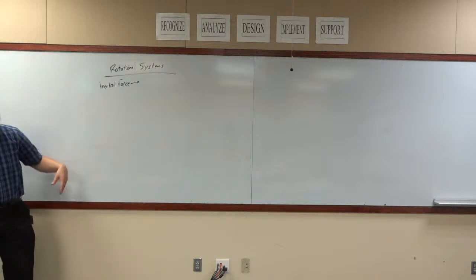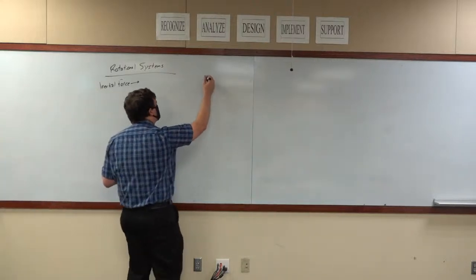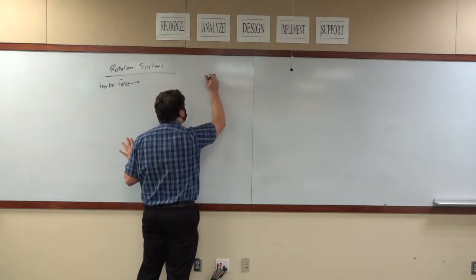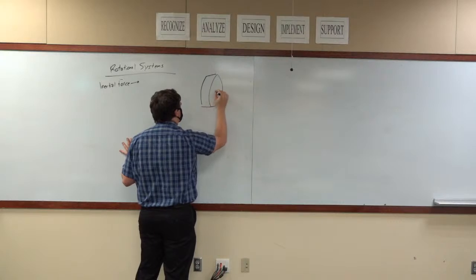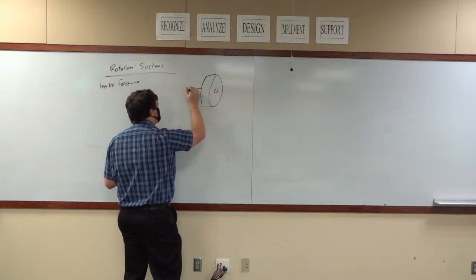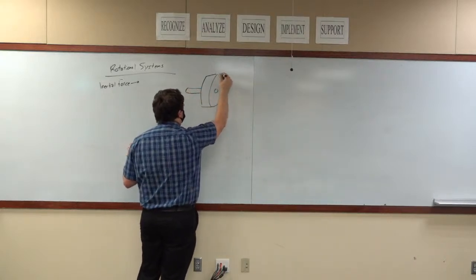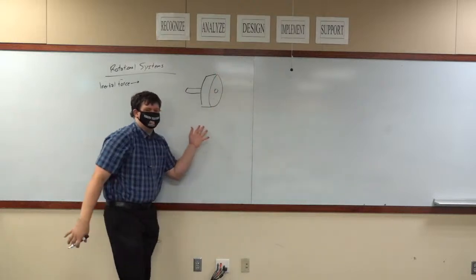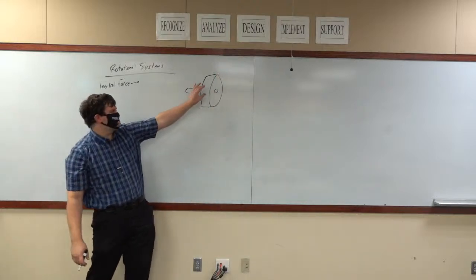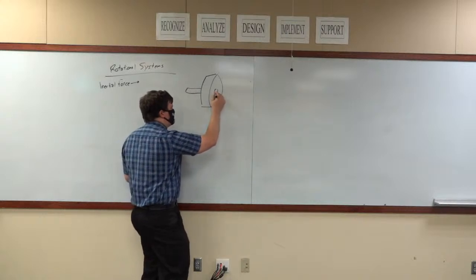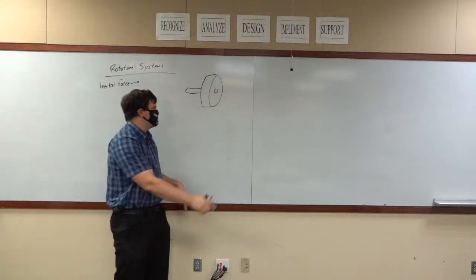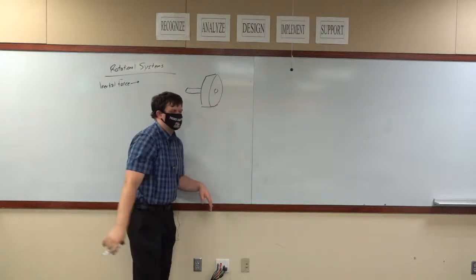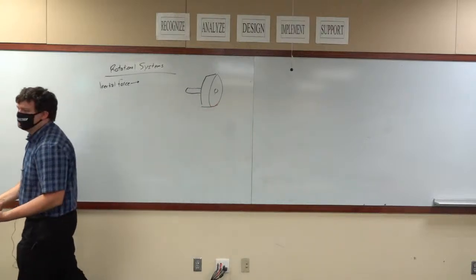In a rotational system, what we're dealing with here is some kind of wheel that's spinning. It has some mass, but if all the mass is centered around the center of the wheel, it's easier to spin. And if all the mass is centered around the outside of the wheel, it's harder to spin.